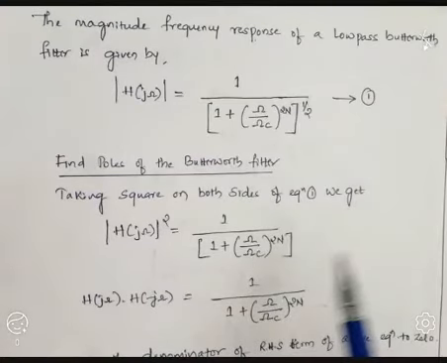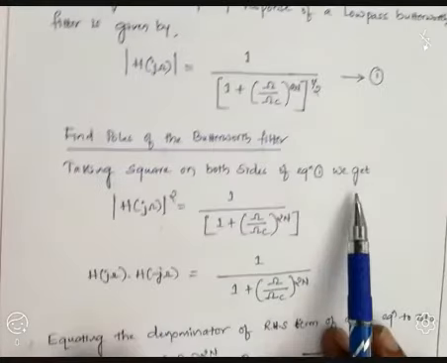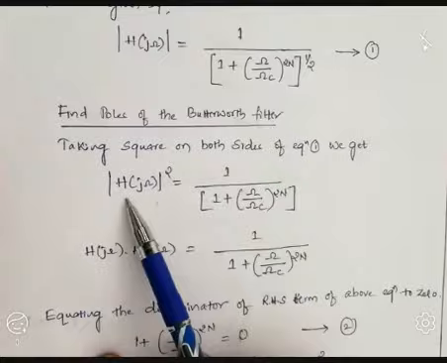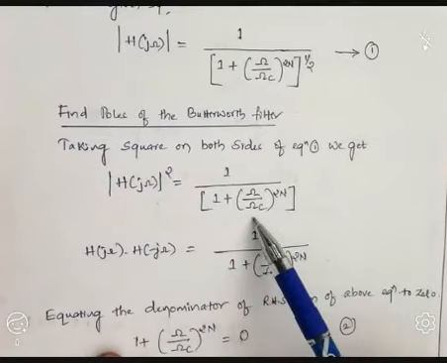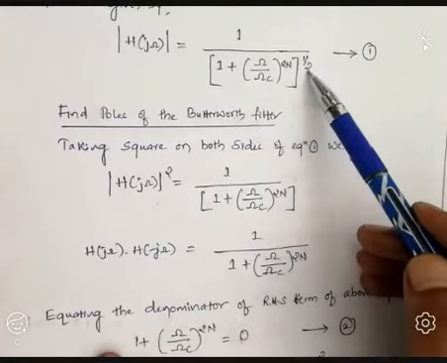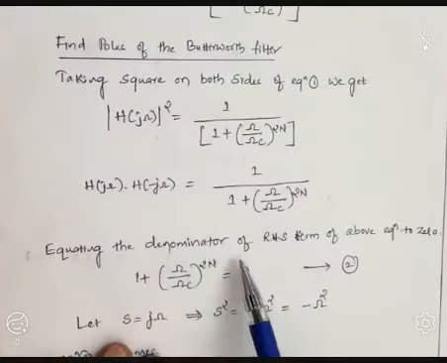So taking the square on both sides of equation 1, we will get the magnitude of H of j omega squared equal to 1 divided by 1 plus omega divided by omega c to the power 2n. The square and the 1 by 2 cancel, and equating the denominator of the RHS to 0, we will get the poles.